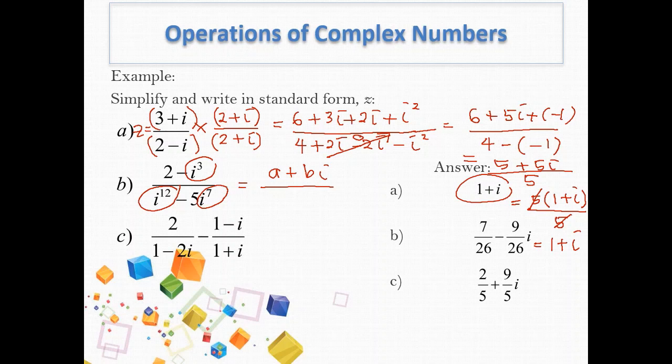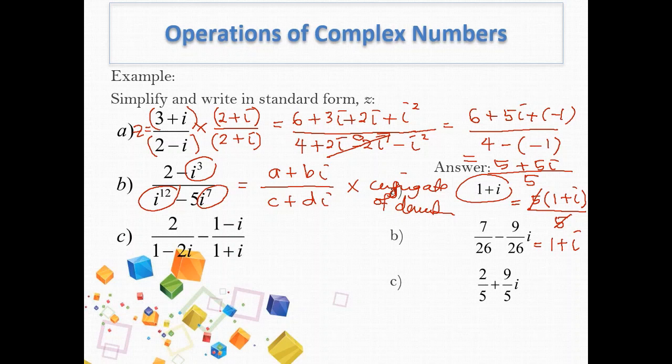That will leave you with c plus di. Only then can you proceed with multiplying with the conjugate of the denominator. So you follow the process that I showed you for the first example.